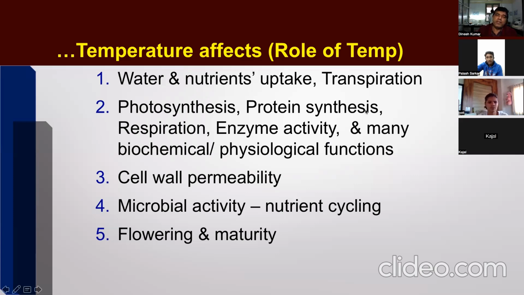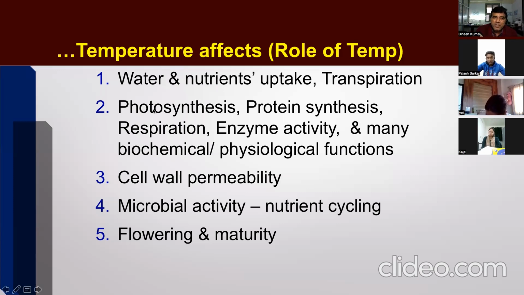Sometimes if temperature is high and plants want to make themselves cool, then transpiration helps the plant to have some cooling effect. Then temperature is necessary for photosynthesis, protein synthesis, respiration, enzyme activity, and many biochemical and physiological functions are governed by or are influenced by temperature.